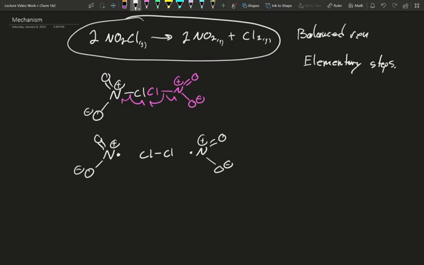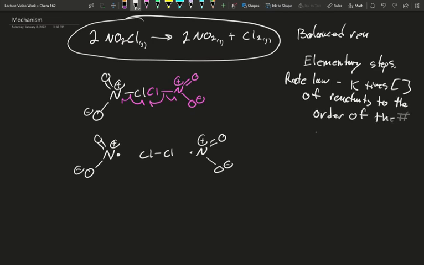Well, elementary steps have their own rate laws. Basically, there's a k times the concentration of reactants to the order of the number of that reactant in the step.